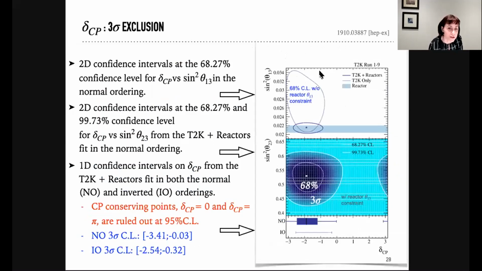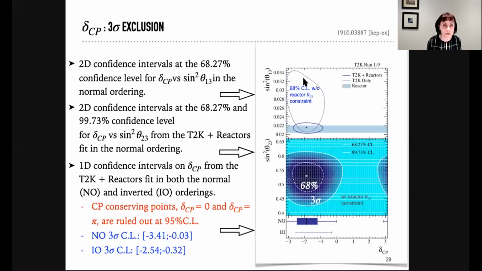And here is basically more information regarding these values that have been observed. So the region of exclusion. So again, the value that we have been seeing for delta CP. There are many other constraints that we can put on the values of the other parameters, but in this case, we just want to focus on one.